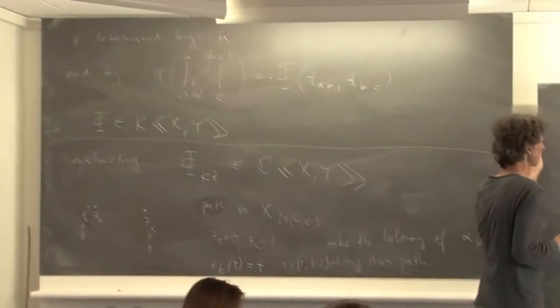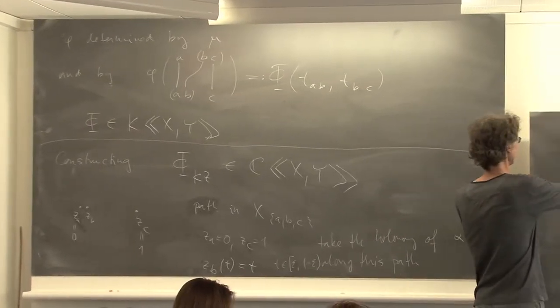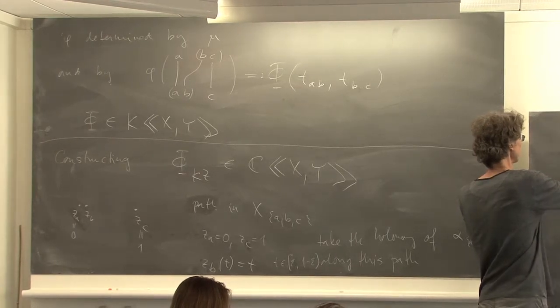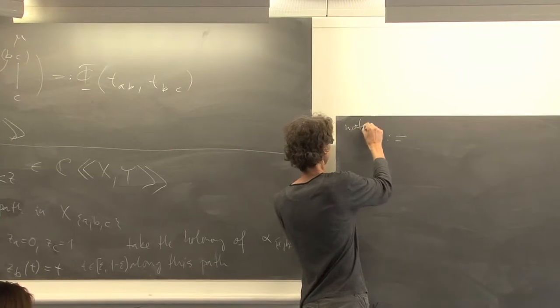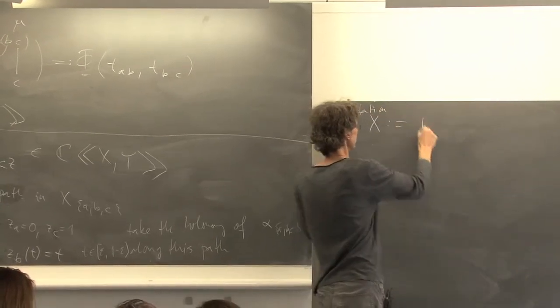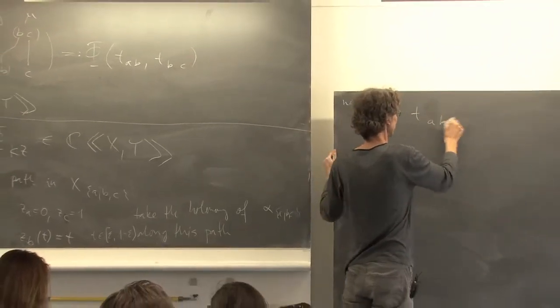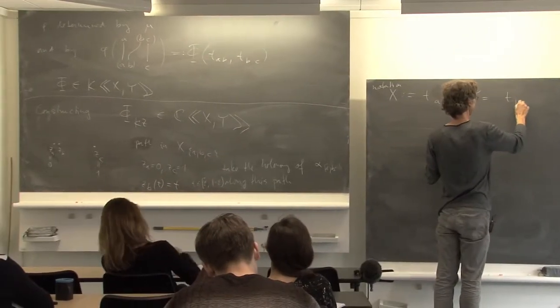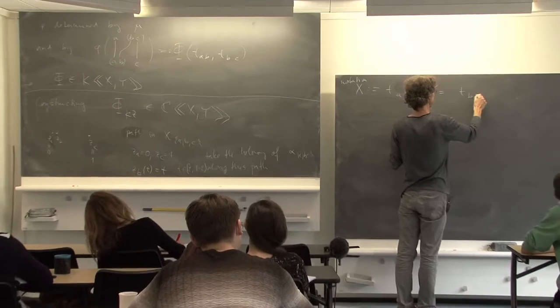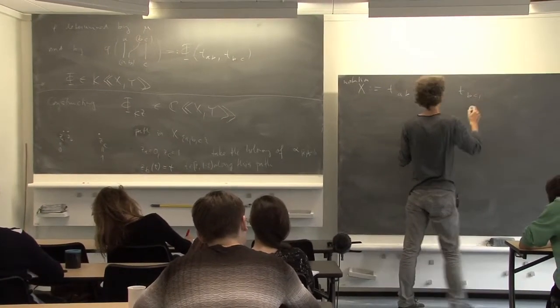Let's use this notation. X is t_AB and Y is t_BC.